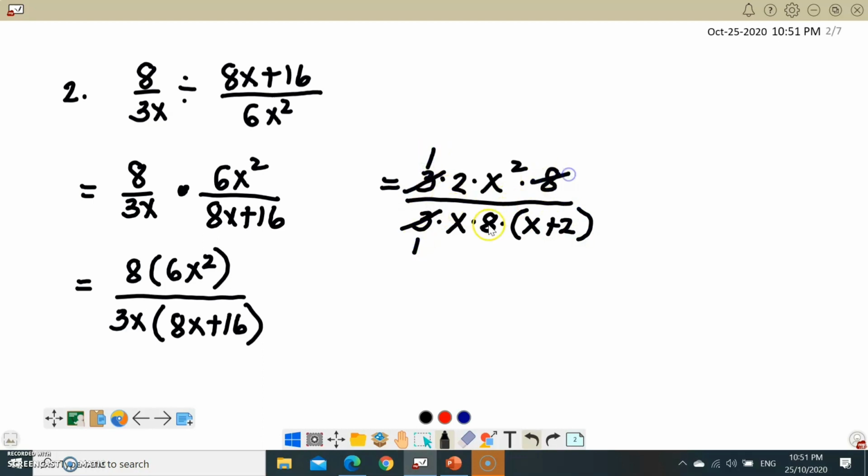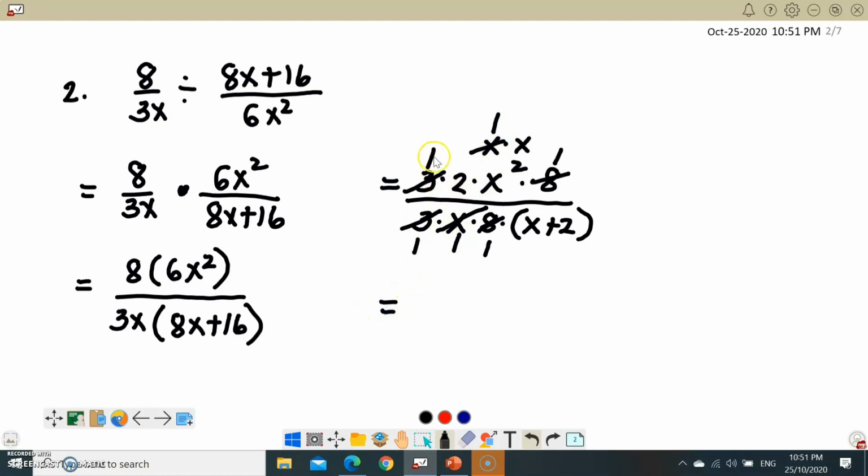We cancel 8 and 8, the quotient is 1. Since we have here x squared, we can factor it as x times x. So we can cancel x and x, the quotient is 1.